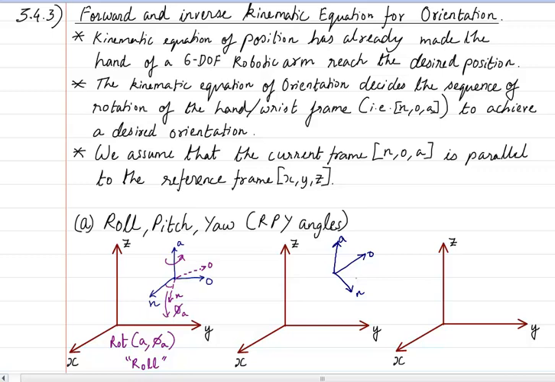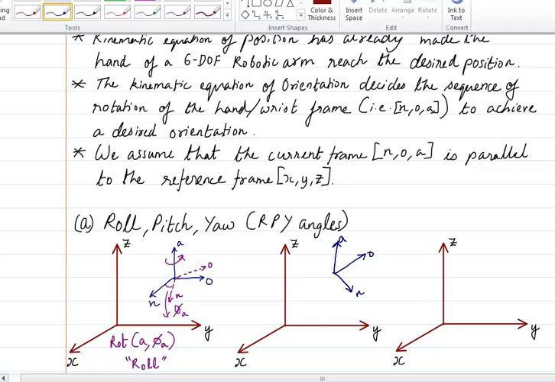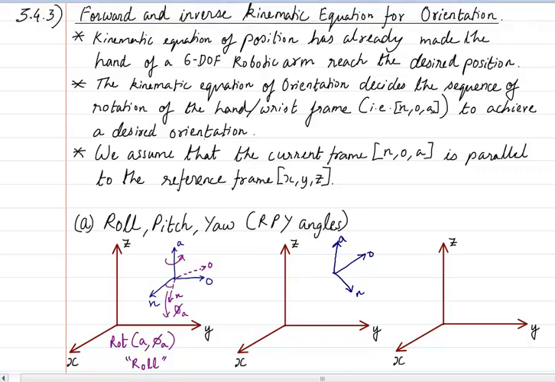Pitch means we rotate anti-clockwise with respect to O. If I am looking from this direction, this is the anti-clockwise movement, and with that movement A moves and has come here, and similarly N has also turned and come here.